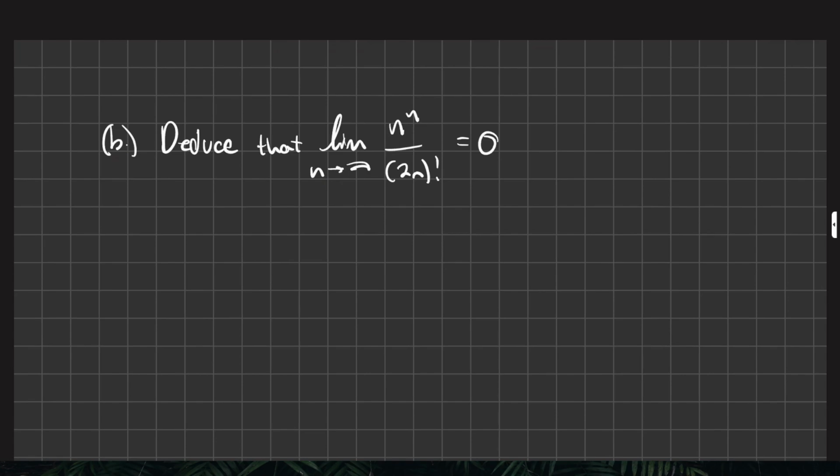We need to show other things. However, we just showed that this series converges by the ratio test. It converges absolutely. So to argue that this limit goes to 0, we just say since the series in A converges absolutely, then by definition, this must go to 0. That's the whole problem.